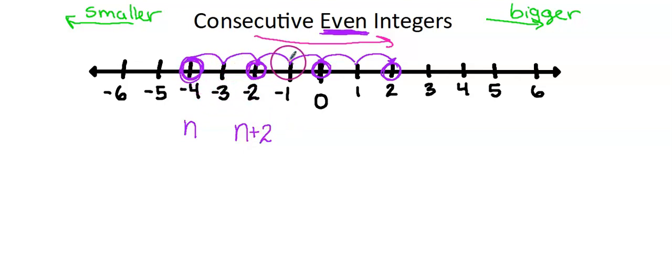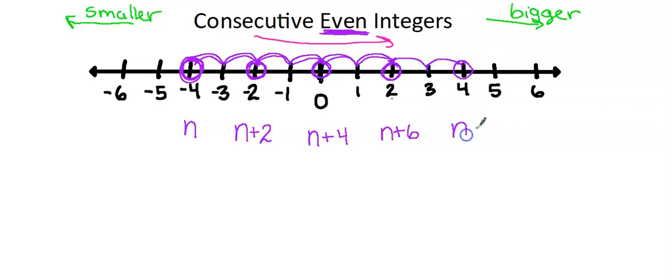From the negative 4, how did I get to the 0? I started at the negative 4 and I went forward 4 places. From the negative 4, how did I get to the positive 2? Start at the negative 4, count forward 6 places. How would I get to the positive 4 from negative 4? 1, 2, 3, 4, 5, 6, 7, 8.